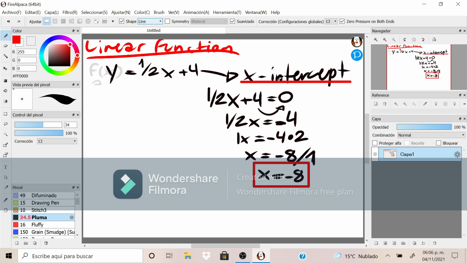Now we're gonna get the y-intercept. Let me just put it right here. Intercept. Sorry for my handwriting.